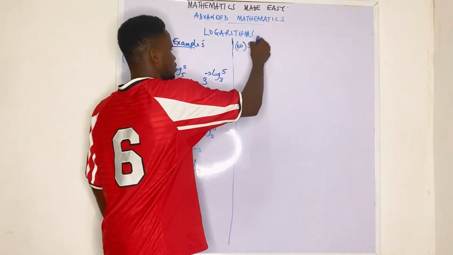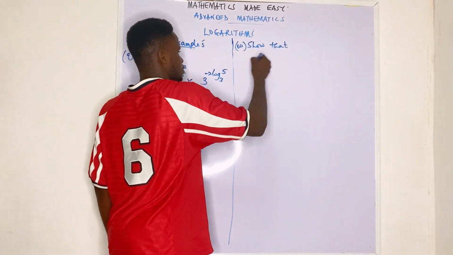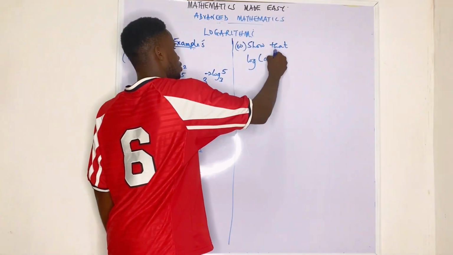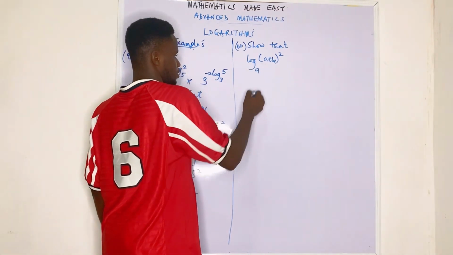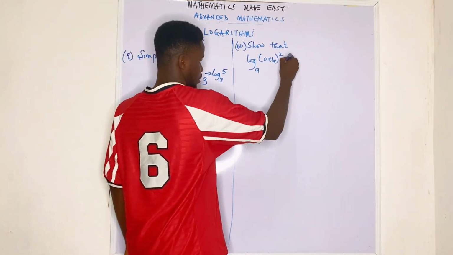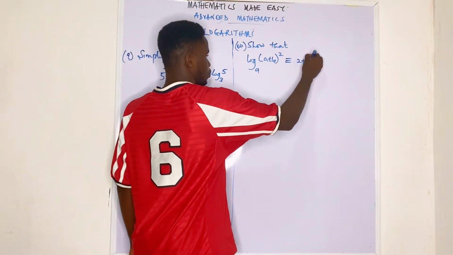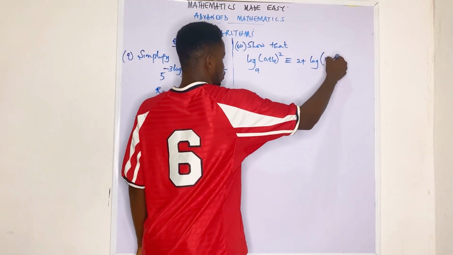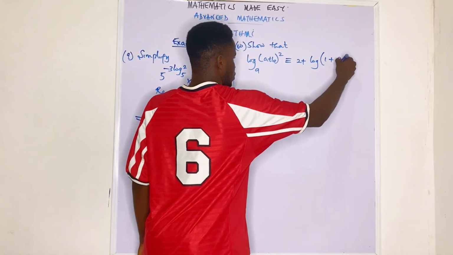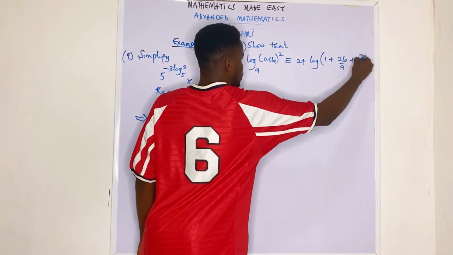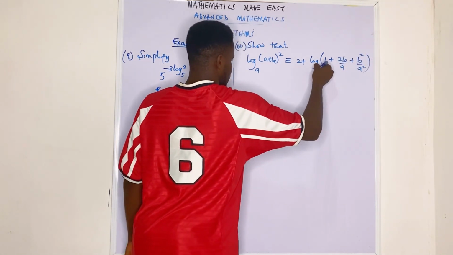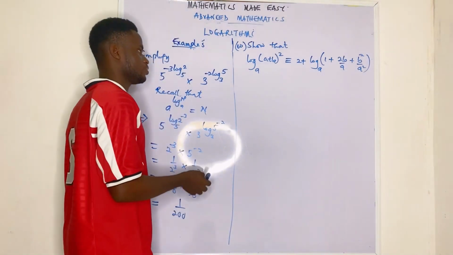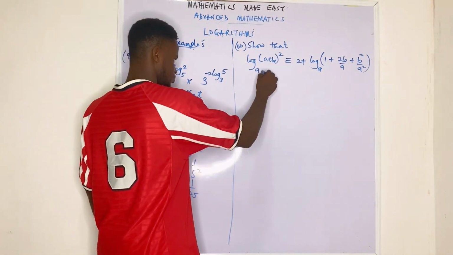If I ask to show that log of (a plus b) raised to the power 2 base a is the same thing as 2 plus log of (1 plus 2b over a plus b squared over a squared) base a. If I ask to show this, it's simple.